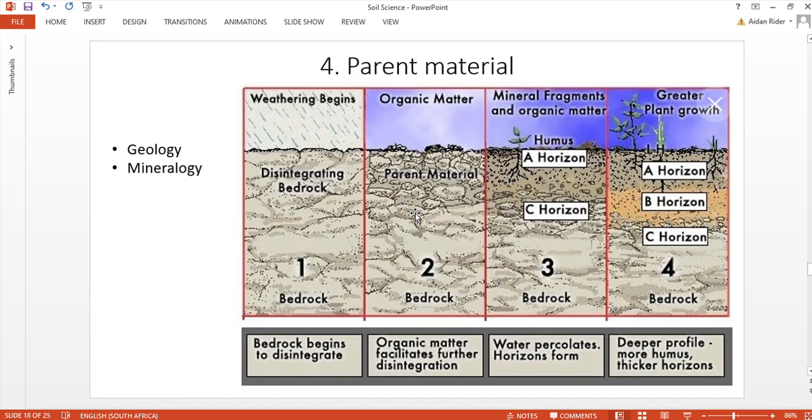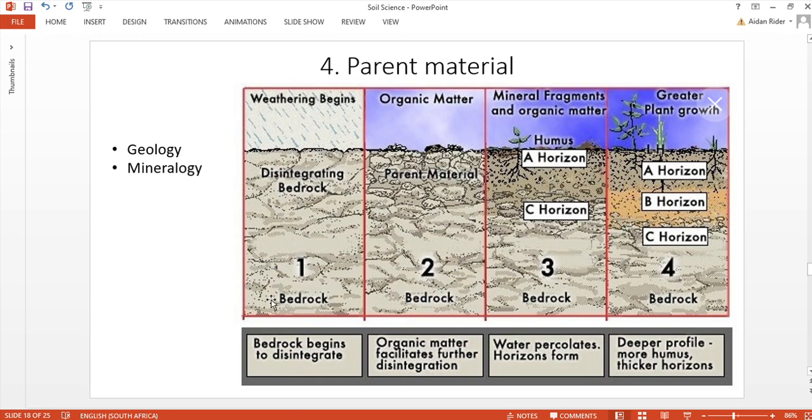Then lastly, parent material, also very important. So your parent material can be the specific minerals that are used to form the soil. Usually it's from bedrock, so your bedrock would be something like the metamorphic rocks. Okay, so the two factors that have to do with parent material are geology and mineralogy. So geology is specifically the type of rock, the bedrock, or whatever rock you start with to make the soil.